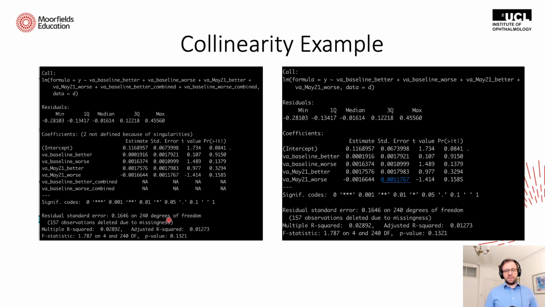If they are subtly collinear, then that's okay, but it's still not great because it would be difficult to disentangle them and to get meaningful parameters. But anyway, this is what you get once I remove them. Then you are able to compute all the other parameters. So that's just something to be aware of.